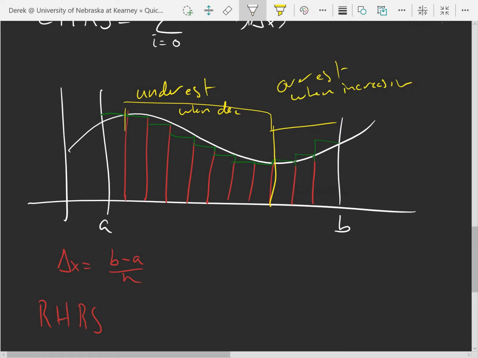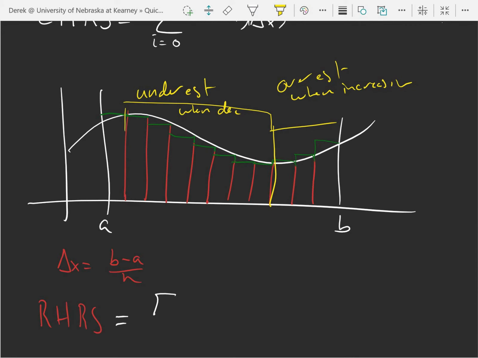So let's write down the actual form for this right-hand Riemann sum. I'm going to be doing delta x again for the widths. And where am I evaluating? I'm evaluating at a plus i delta x again. But now the first place I evaluate is when i equals 1, and it ends at i equals n.